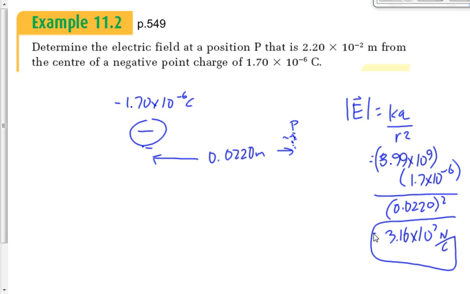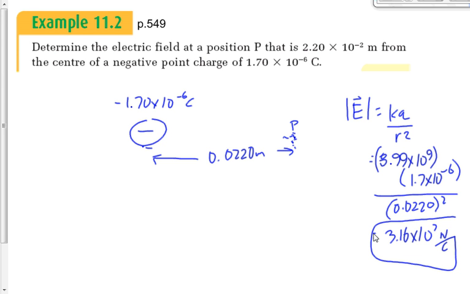Listen, here's the rule of thumb. If you have a field, or you're looking for a field, at a certain point, and you've got the value of a charge where you're trying to find the field or where you have the field, then that charge is going to be an experiencer.